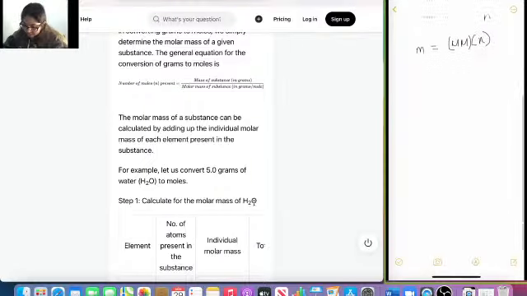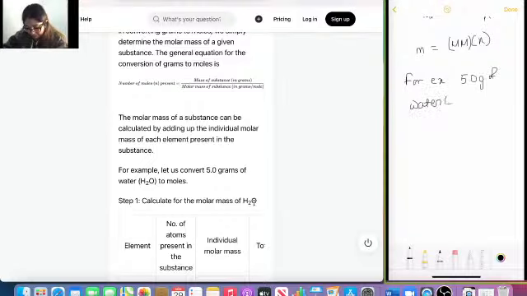And so let's say we want to convert 5 grams of water. Okay, so let's say, for example, we want to convert 5.0 grams of water into moles.